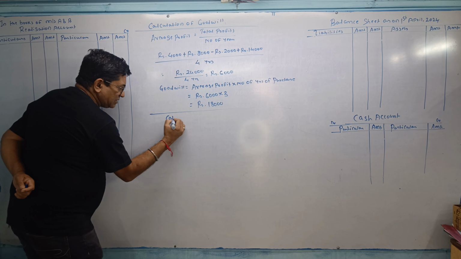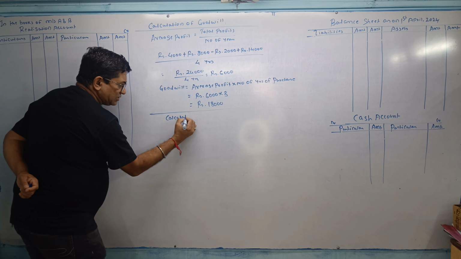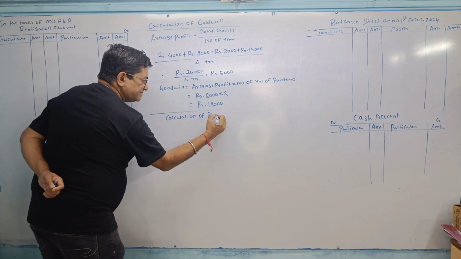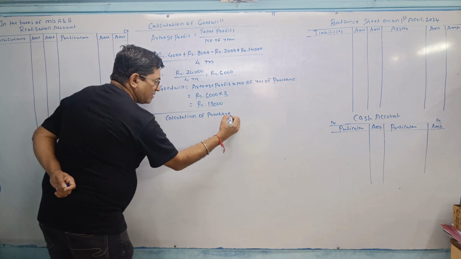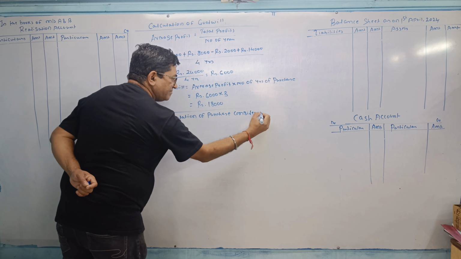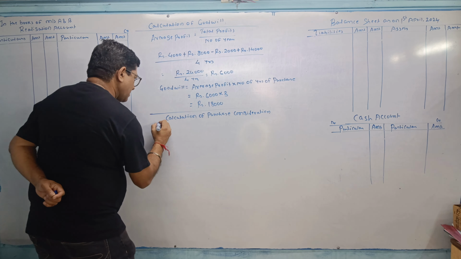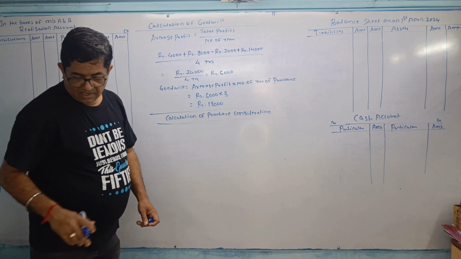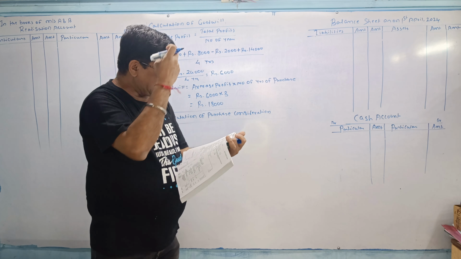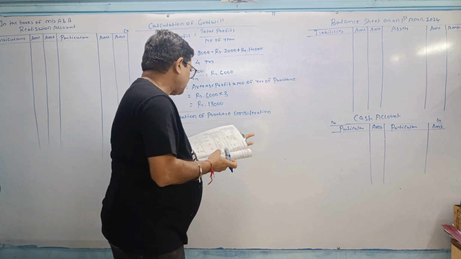So now calculation of purchase consideration. See now in your second adjustment, the company agreed to take over the fixed asset at 52,000.